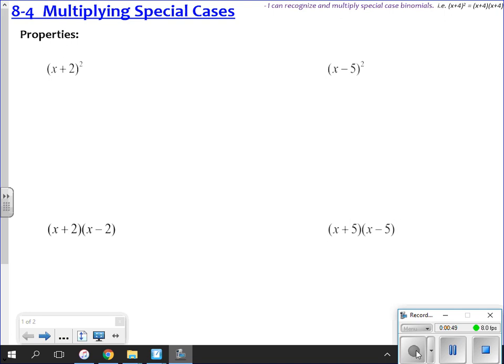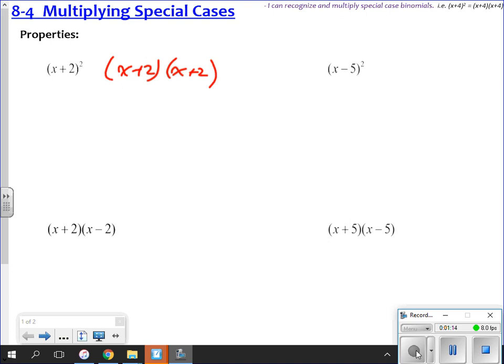The first two up here are perfect squares. I have x plus 2 squared. You cannot take the square across addition. You do not square the x and square the 2. That is not how this works. x plus 2 squared is x plus 2 times x plus 2.